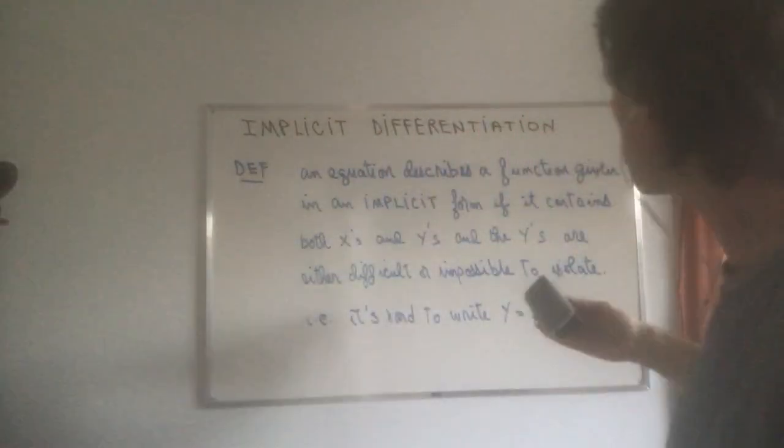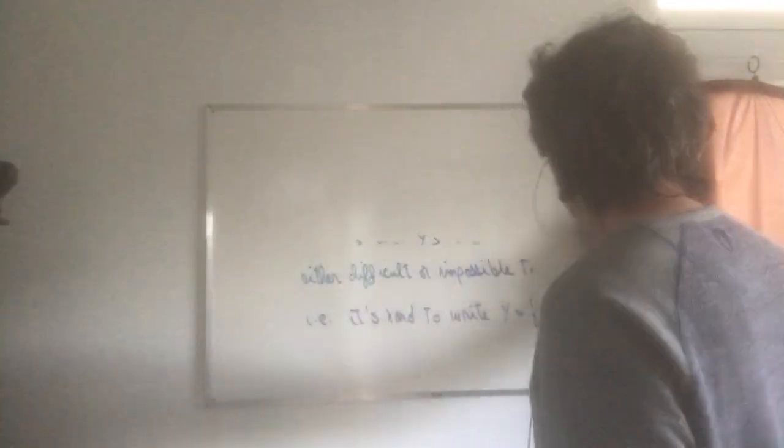So let me get rid of this. So why don't we consider, as an example, the implicit equation.